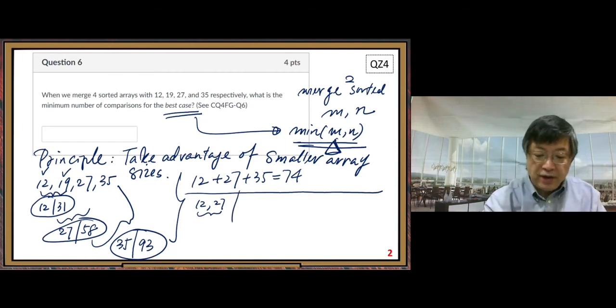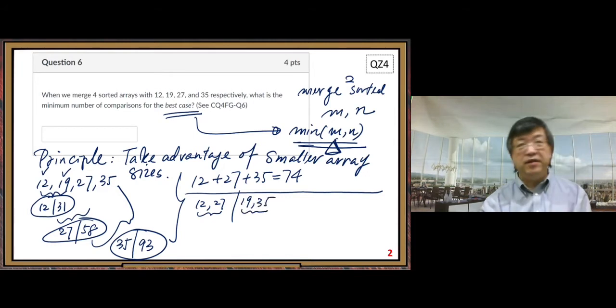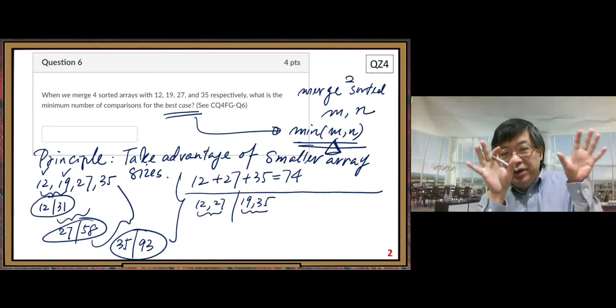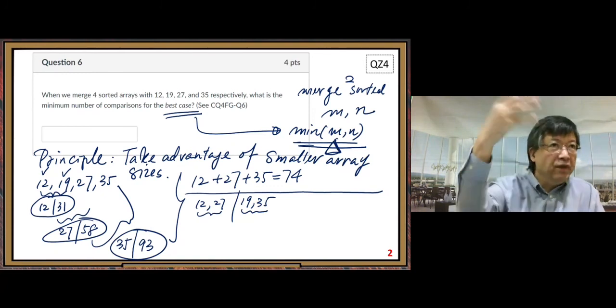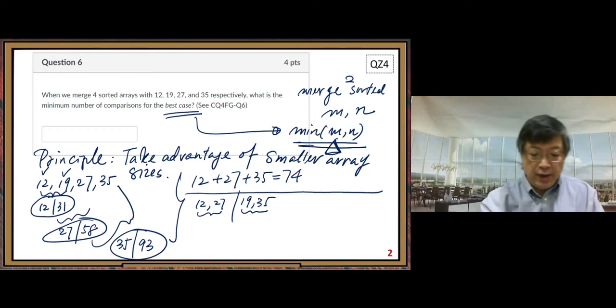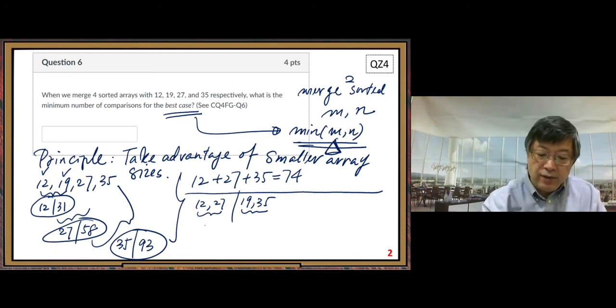And the 19 is used to merge with 35. How about that? In that way, we use both sizes in a different way.